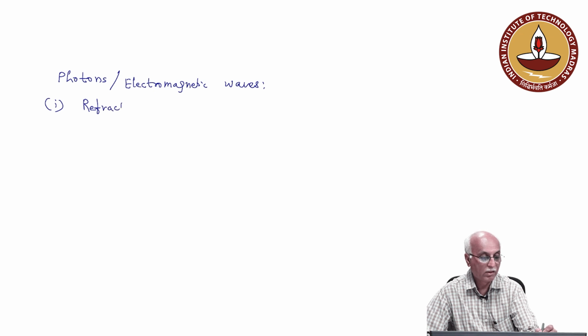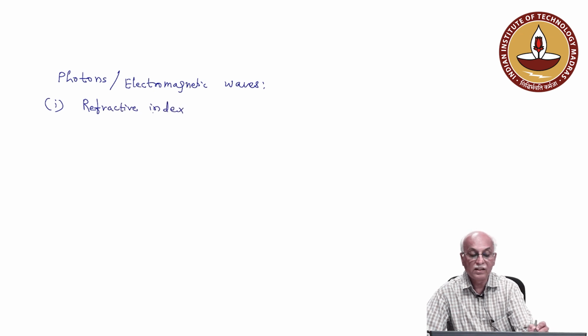When light is transmitted through the material, the refractive index affects the speed of light transmitted through the tissue material.